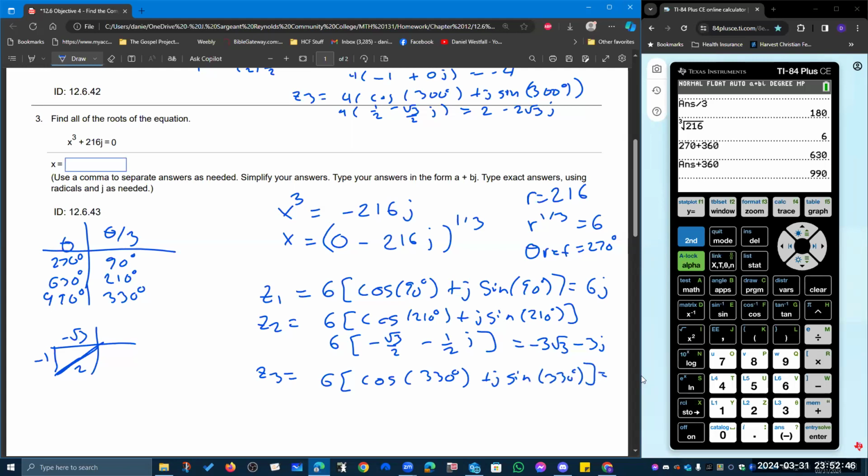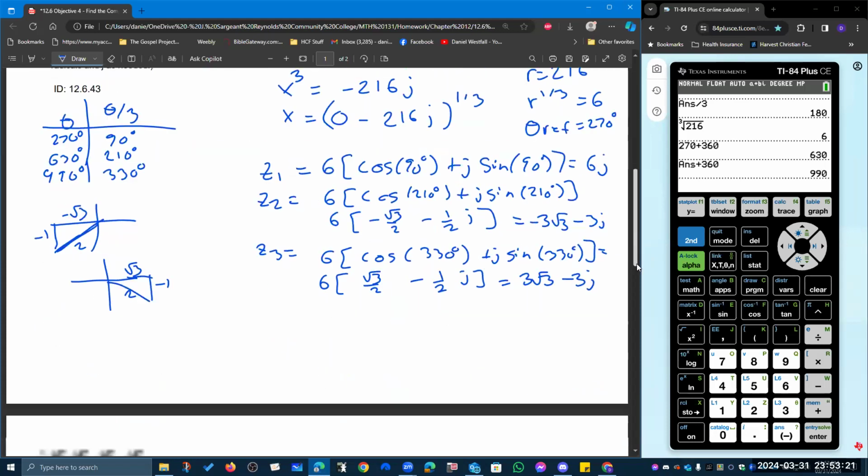And 330 degrees is 30 degrees off the x-axis over here, and that makes cosine root 3 over 2 and sine negative 1/2. So 6 times cosine is root 3 over 2 plus a negative 1/2 j is 3 root 3 minus 3j. And that's it for that one. We found all three roots of the equation.